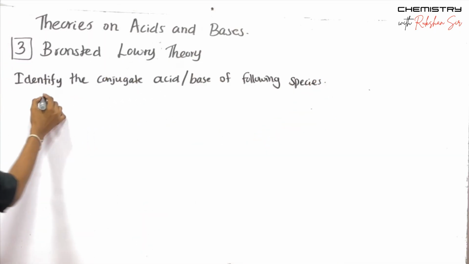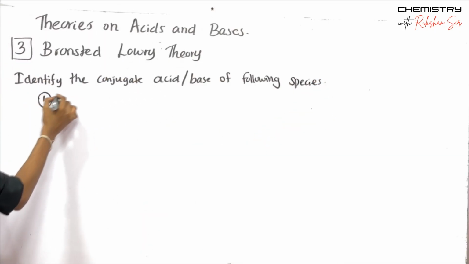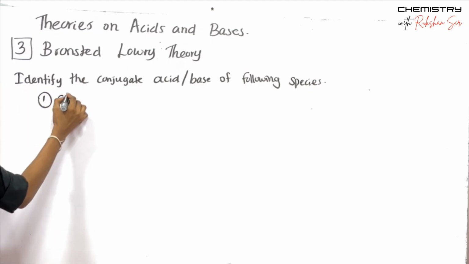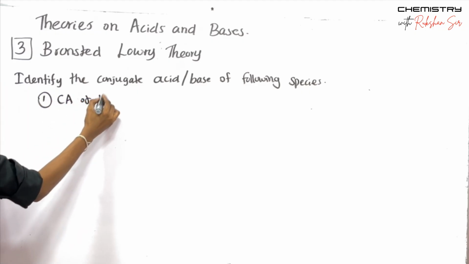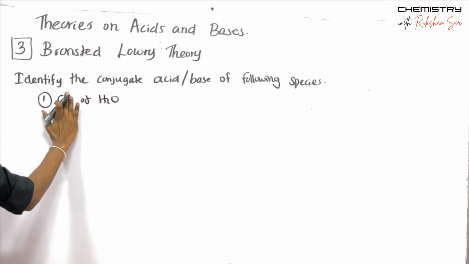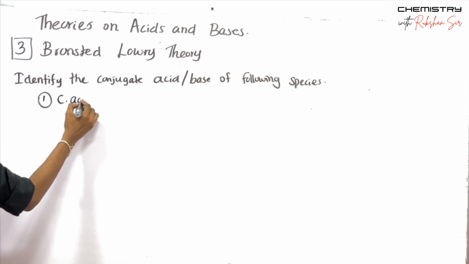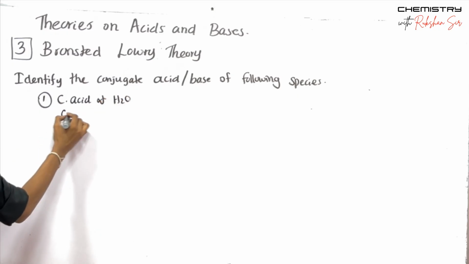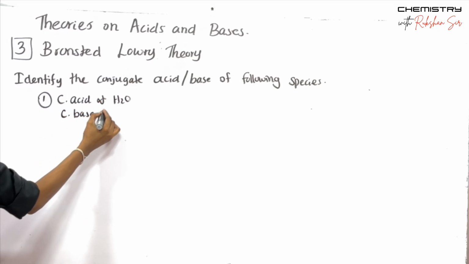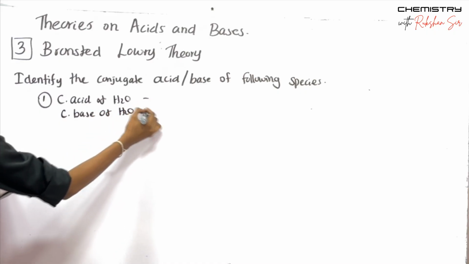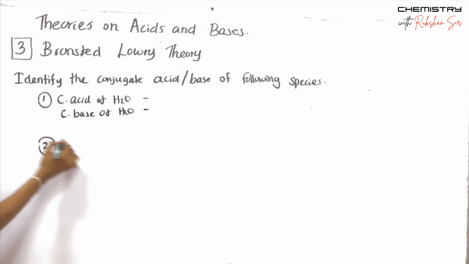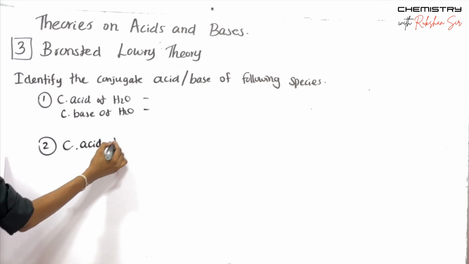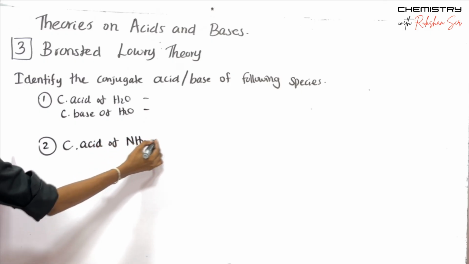Right? A few things are given. Conjugate acid of H2O, I write it like this. Conjugate acid of H2O. Then conjugate base of H2O. These are the things they are asking, right? Conjugate acid of NH3.